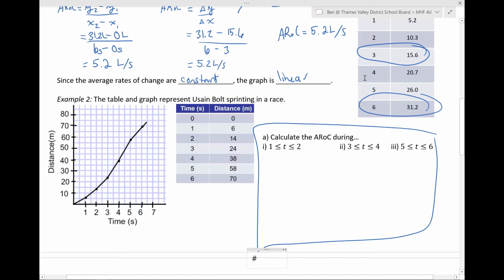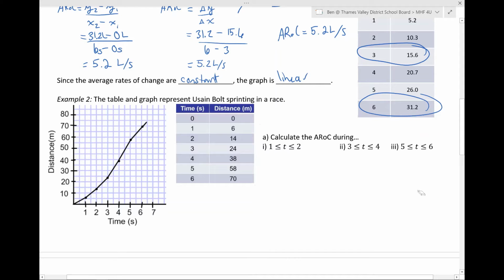But we will go through at least the first one together here. So from 1 second to 2 seconds, we're working right in here, and that is with these data points. So again, our average rate of change equals, in this case, 14 minus 6, both of those in meters, divided by 2 minus 1.